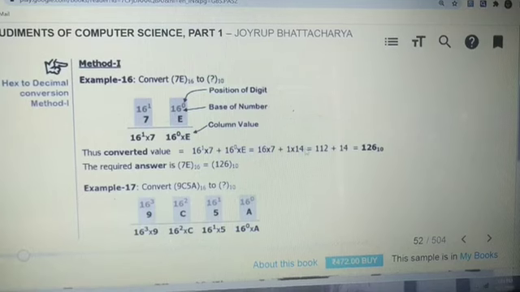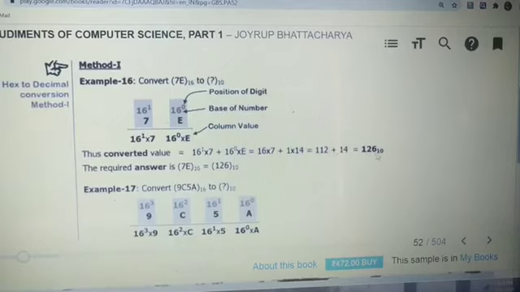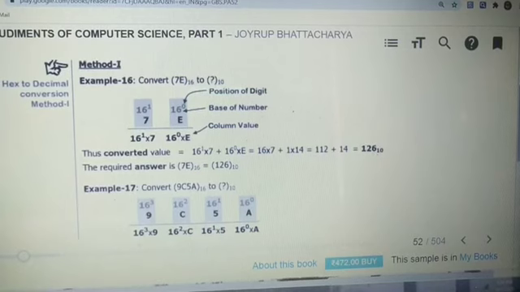So 1 into 14. And 16 to the power 1 means 16 into 7, which is 112. We will not write 1 into E, because we have to put the decimal equivalent of the hexadecimal digit, whether it is E, F, B or C. So 112 plus 14, the answer is 126.